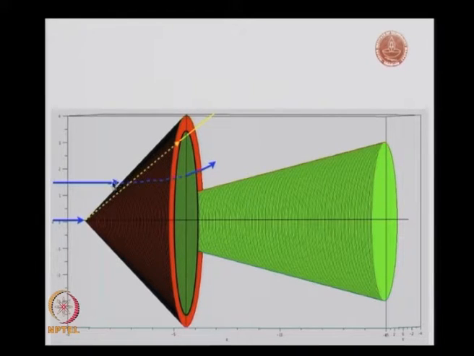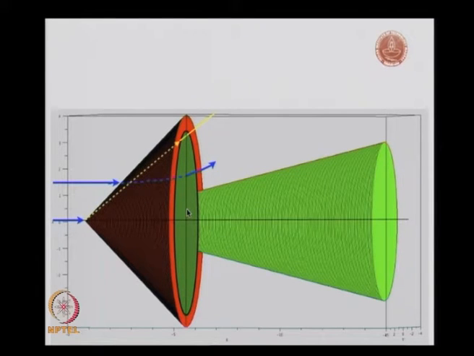This is the part of the streamline which is going inside the cone surface, and finally deflects. Then I drop this dotted yellow line, which is inside the cone surface and intersects the streamline here, and it is actually on this green cone.